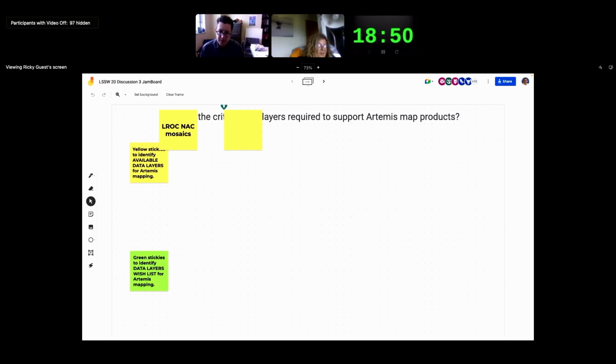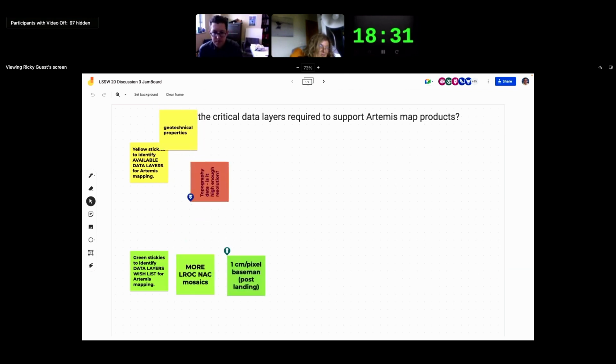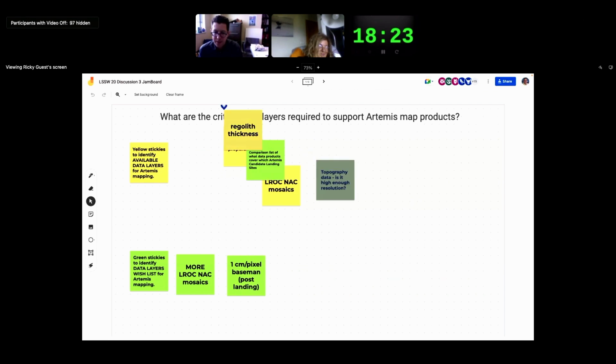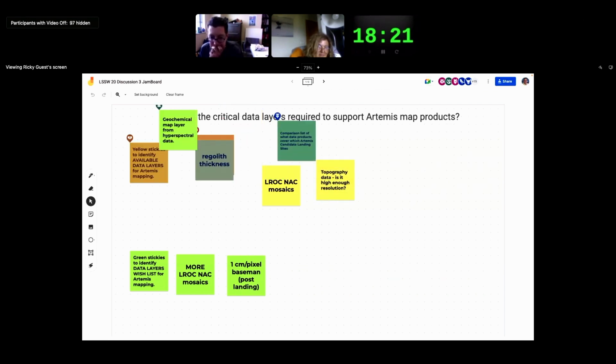Mac mosaics, yeah. Regolith thickness, geotechnical properties.